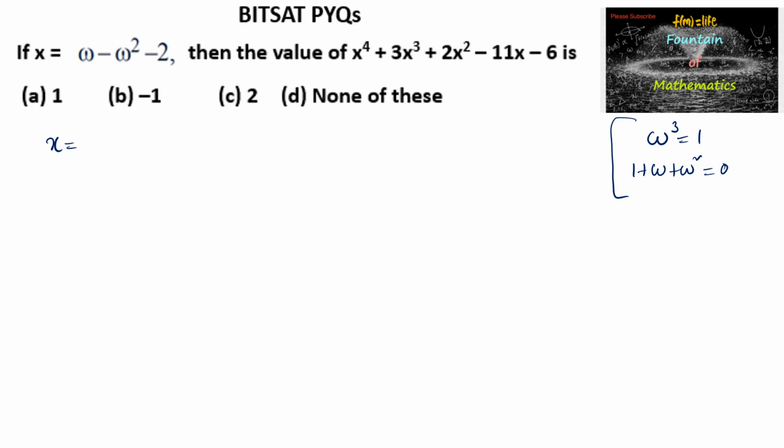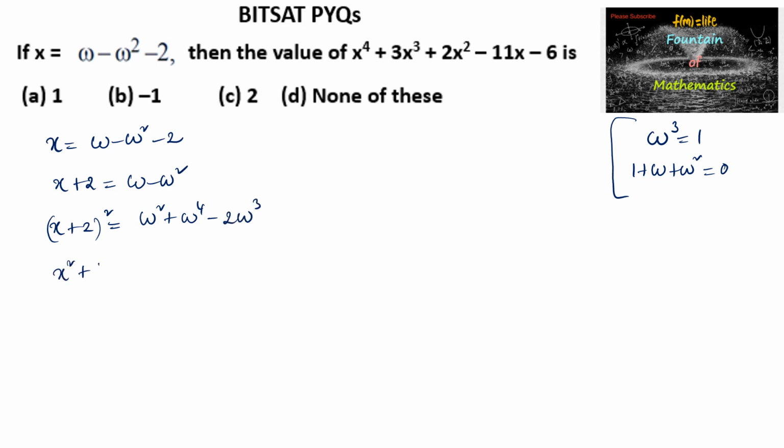Given x is equal to omega minus omega square minus 2, this can also be written as x plus 2 is equal to omega minus omega square. Squaring on both sides, you can write x square plus 4x plus 4 is equal to omega square plus omega power 4 minus 2 times omega power 3.